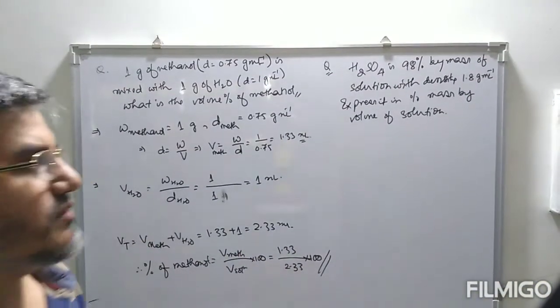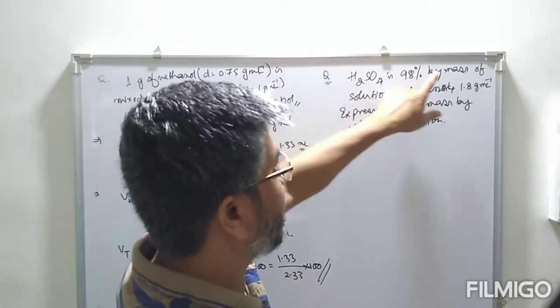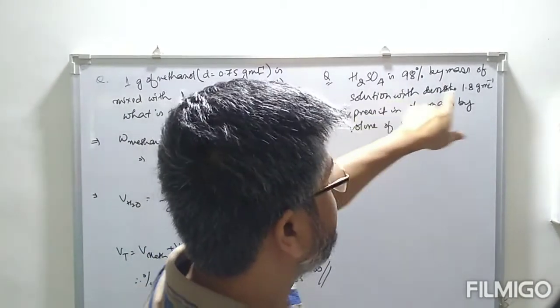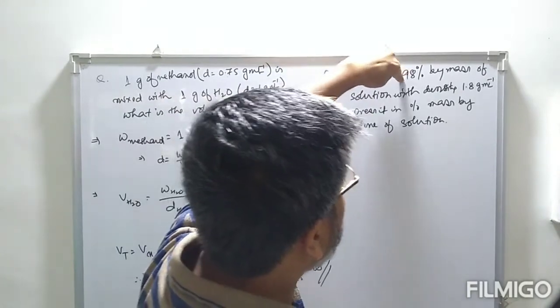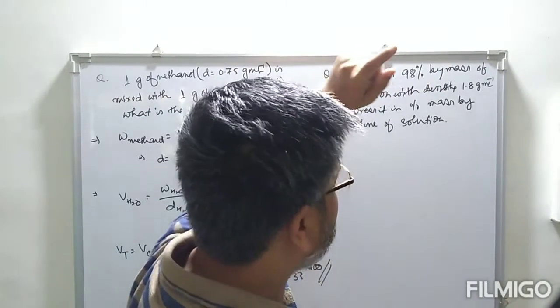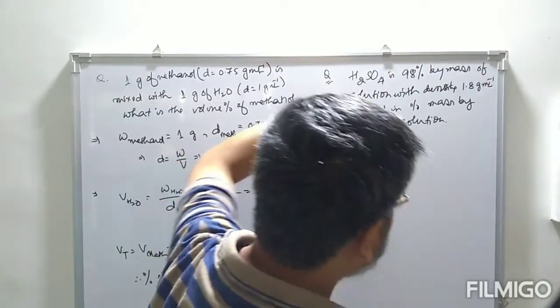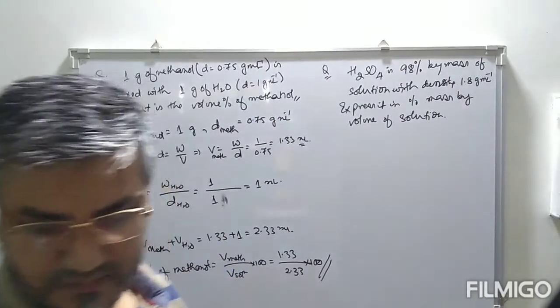So we have a sample of sulfuric acid which is 98% by mass of solution having density 1.8 gram per ml. This is mass by mass. Now we have to express mass by volume of solution.